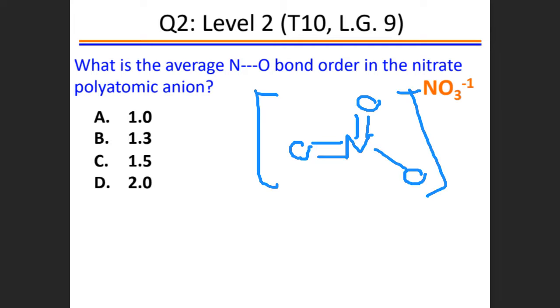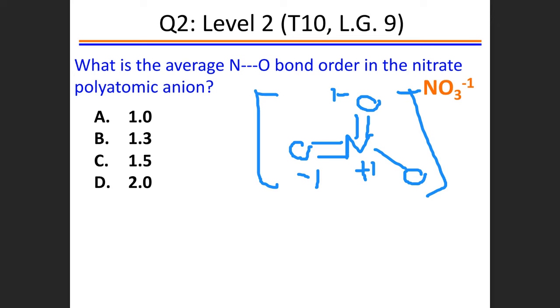If we draw the formal charge, it will come here like that: -1, here the +1, and here the -1.